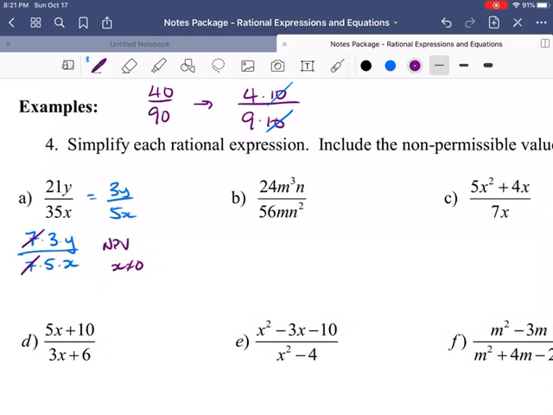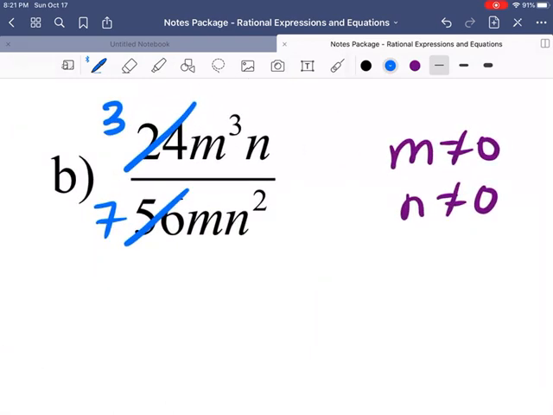Okay, for this next example, let's figure out our non-permissible values here. So m cannot equal 0 and n cannot equal 0. And 24 and 56 are both divisible by 8. So if you divide both these by 8, this will become 3 and this will become 7. And then let's figure out what's going on with these variables. So this is m with an exponent 1.